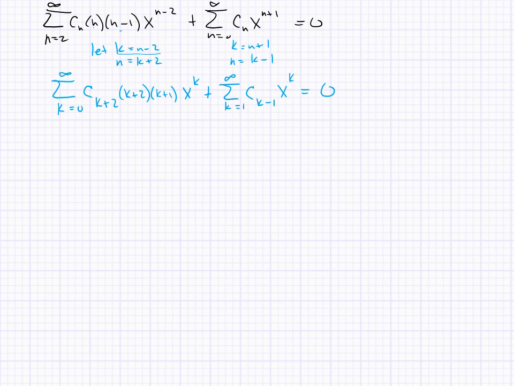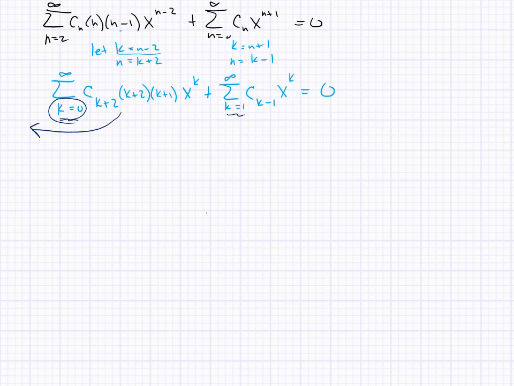Next thing we want to do is deal with these indices. They're not the same. It's always easier to bump your index up than to bump it down. So we're going to move this index up to 1. The way we do that is we pull one term out of this series, the first term, which would be the k equals 0 term. I'm going to plug k equals 0 in, and that will come out of the series, and the rest of the series should now start at 1.